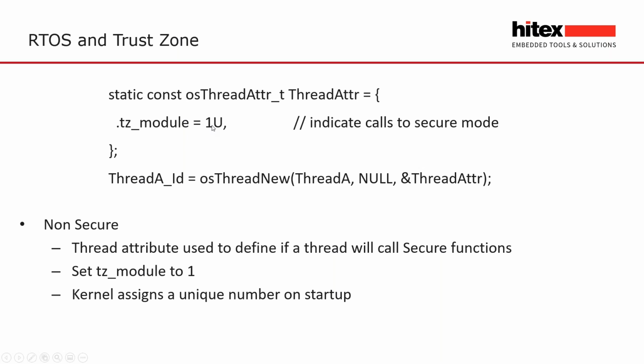If we set that to true, then we're telling the kernel that this thread is going to make calls to the secure world. If we leave it at 0, then it's only going to access code that's in the non-secure world. Okay. So now when we start the thread, the kernel will assign an integer number to this thread, so 0, 1, 2, 3, so that when we call into the secure world, we can work out which thread has made the call.